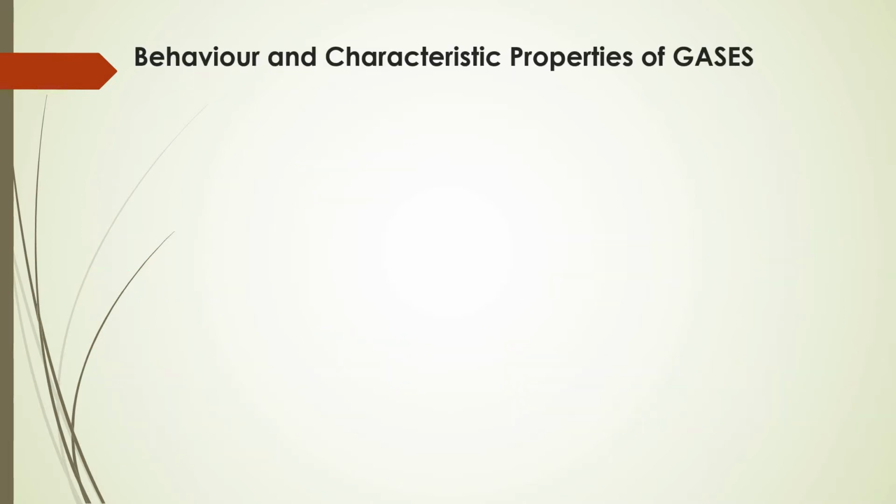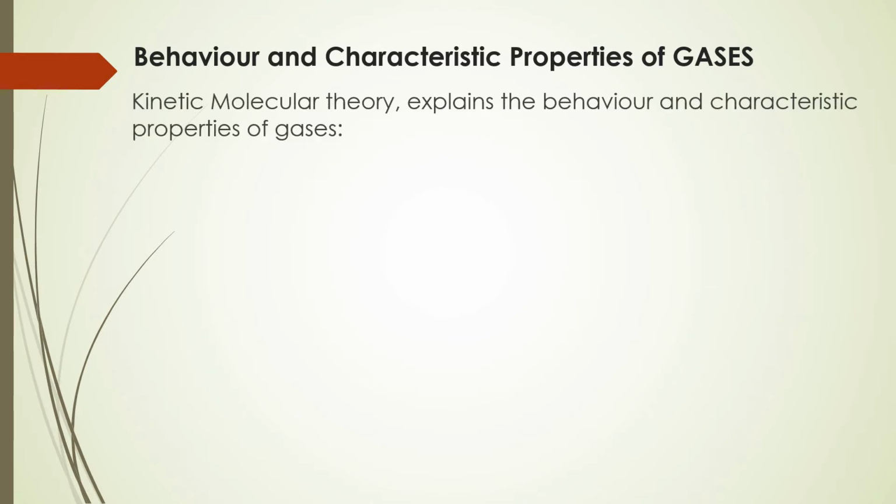Now let us see what are the different behaviors and characteristic properties of gases. This behavior and these characteristic properties of gases can be explained by kinetic molecular theory, which basically tells us about the movement of particles and how this movement of particles carries energy along with it, so that with that energy it behaves differently in one condition and differently in another condition.